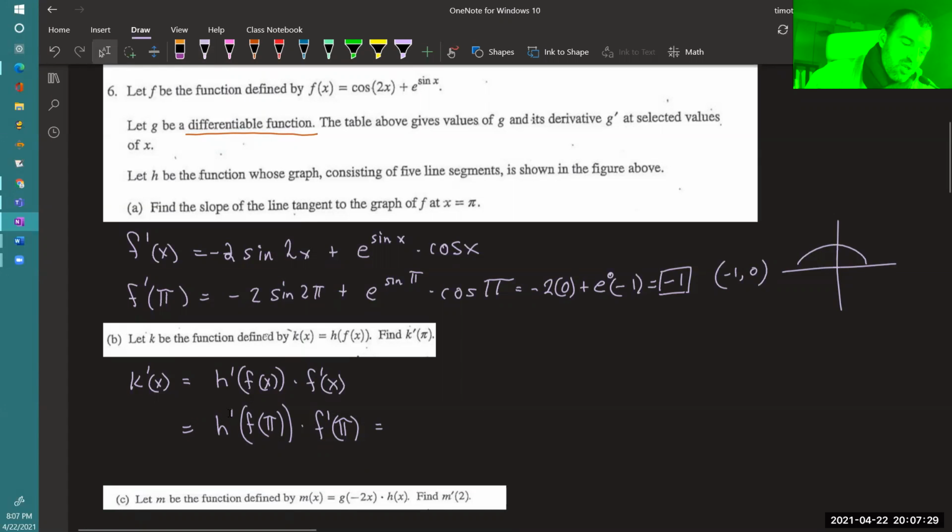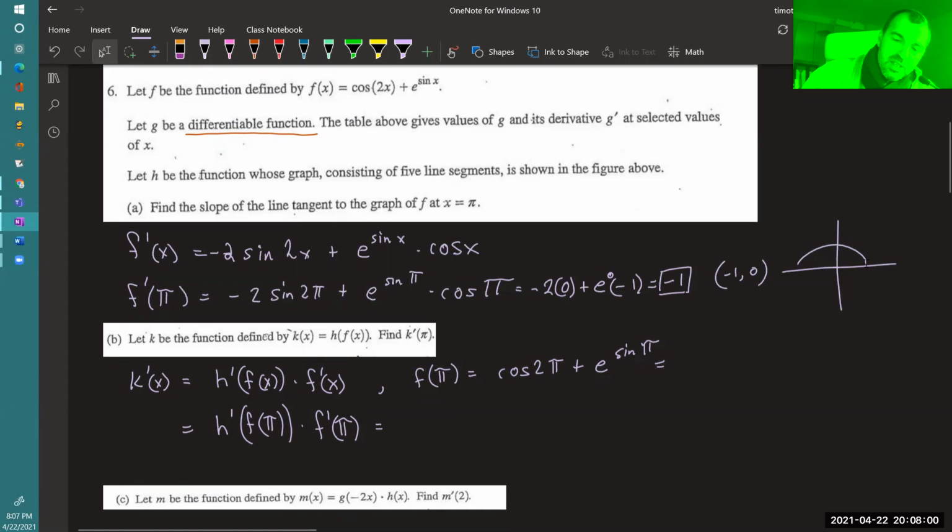But now I want to find h prime of f of pi. Well, we need f of pi. F is here. So I'm going to write a little comma, and I'm going to write f of pi is just simply going to be the cosine of 2 pi plus e to the sine of pi. Now, again, that's just using f and plugging pi in for the x's.